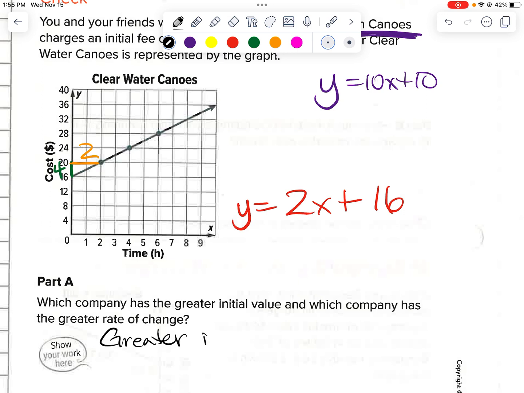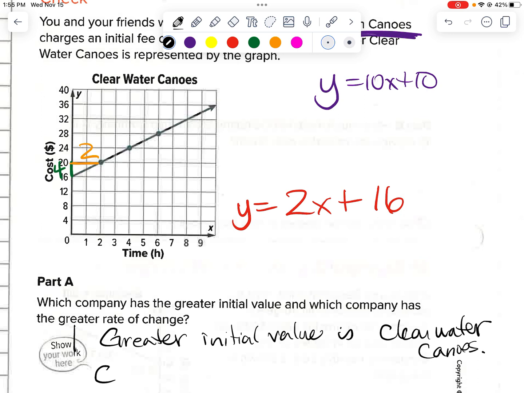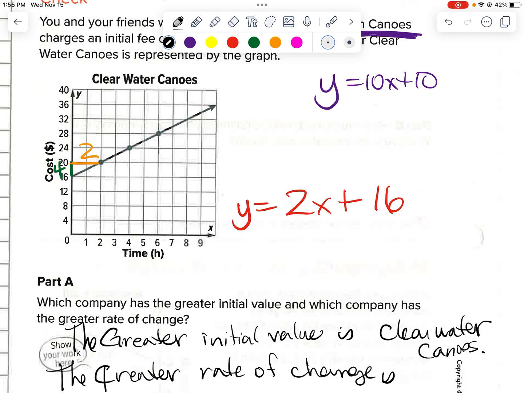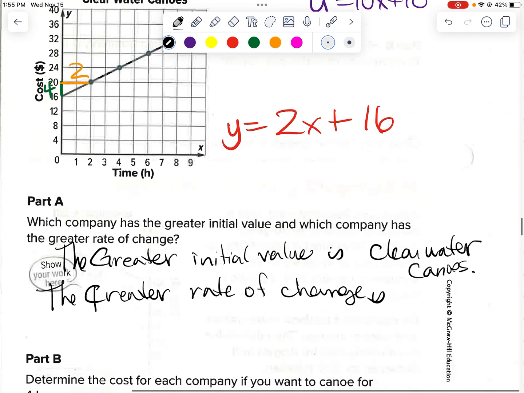Greater initial value is Clearwater Canoes. Greater rate of change is River Run Canoes.